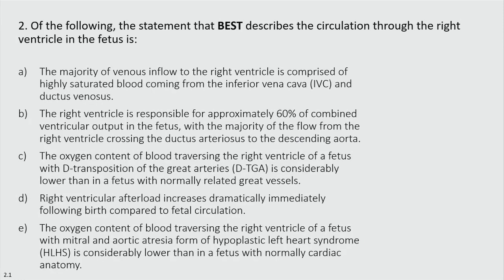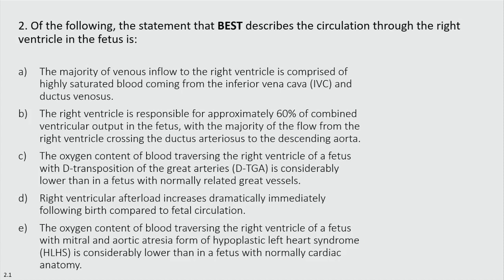Of the following, the statement that best describes the circulation through the right ventricle in the fetus is: A, the majority of venous inflow to the right ventricle is comprised of highly saturated blood coming from the inferior vena cava and ductus venosus. B, the right ventricle is responsible for approximately 60% of combined ventricular output in the fetus, with the majority of the flow from the right ventricle crossing the ductus arteriosus to the descending aorta.